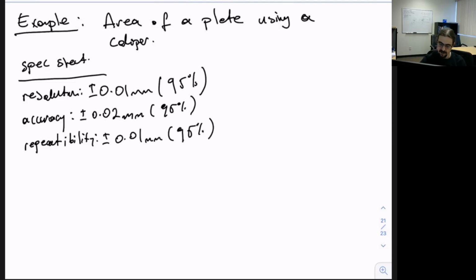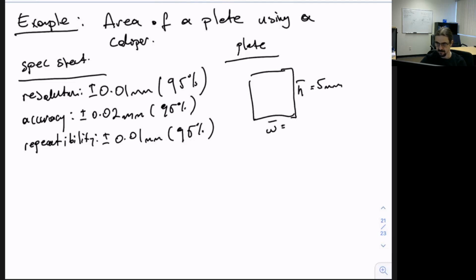Okay, when I measure the plate, so here's a plate that we have measured. Okay, the height was 5 millimeters, and then the width was 10 millimeters. Okay, so then the area of the plate is a function of two measurements.